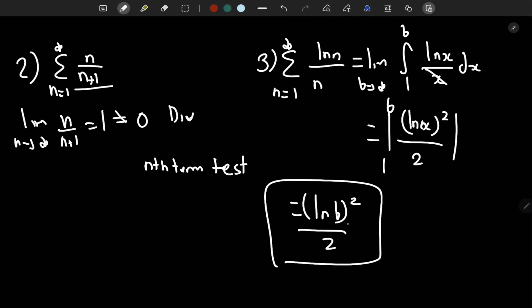And now we need to replace b with infinity as before. So limit as b approaches infinity, and we know that ln infinity is infinity, and squared again is also infinity. So this part is equal to infinity. This means it is diverging.